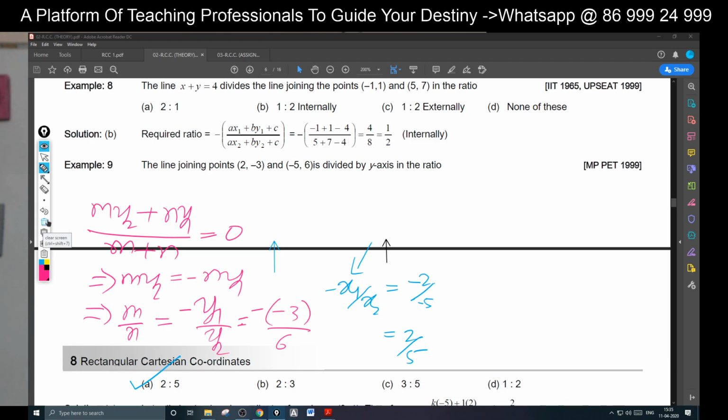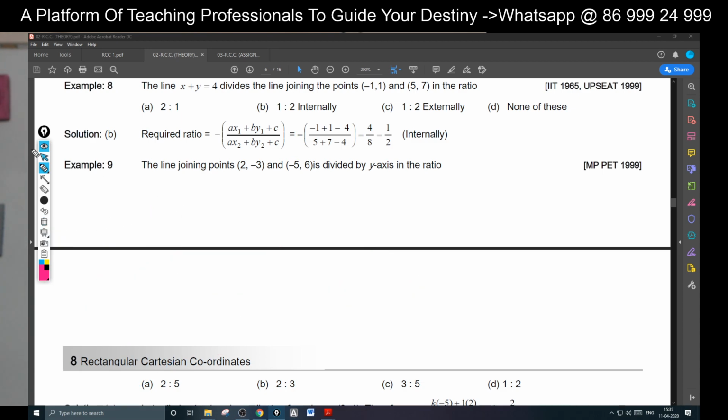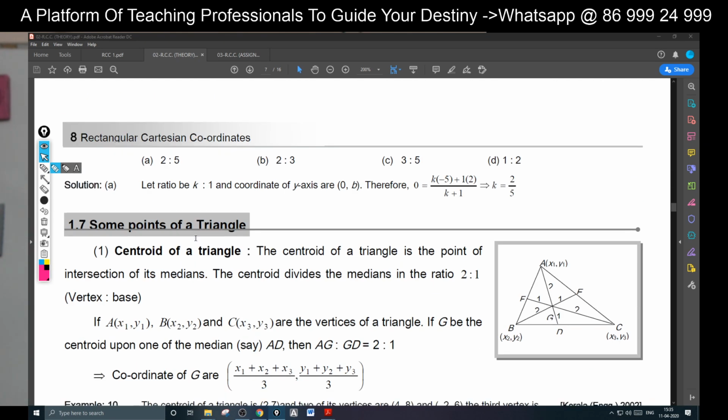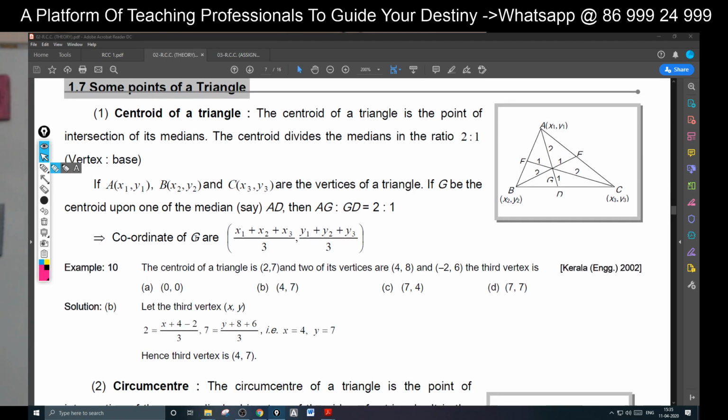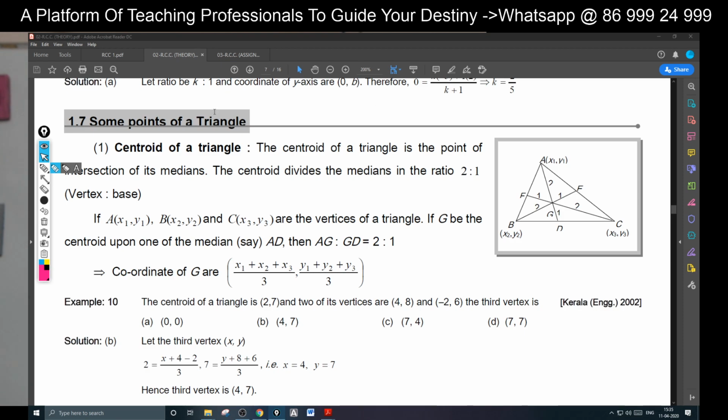So, now, some points of a triangle. He said it as some points of a triangle, but I say them as centers of the triangle. Centers of the triangle.